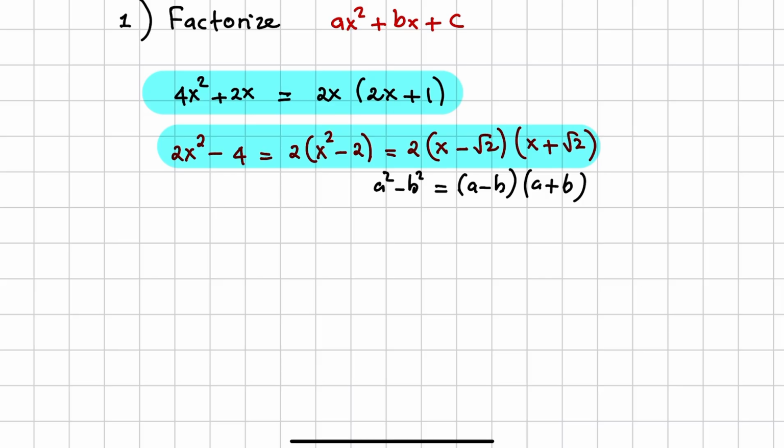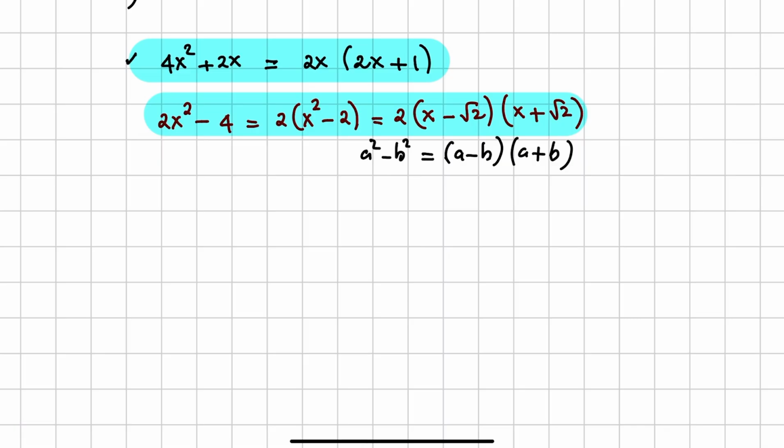But what about x squared minus 9? Like the previous example, x squared minus 2, we can apply a squared minus b squared, or x squared minus a squared, which is x minus a times x plus a.